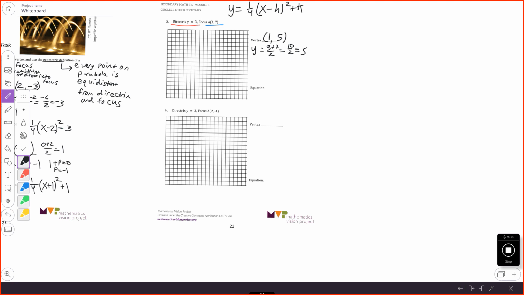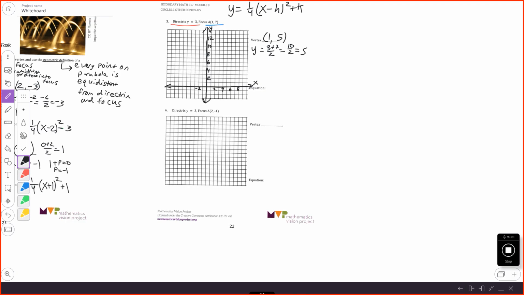So if my focus is 1, 7, my vertex is 1, 5, and the directrix is y equals 3, I know I'm going to open up just by logic. So there's my y. I'll put my x down here. 1, 2, 3, 4, 5, 6, 7, 8, 9, 10, 11, 12. 1, 2, 3, 4, 5, 6, 7, 8.